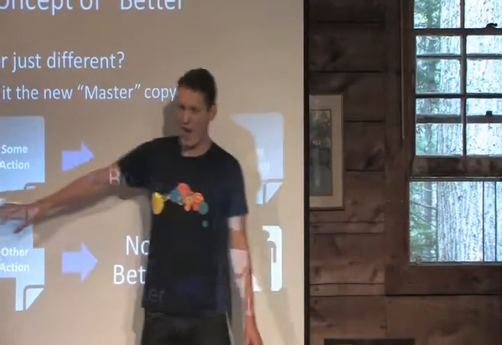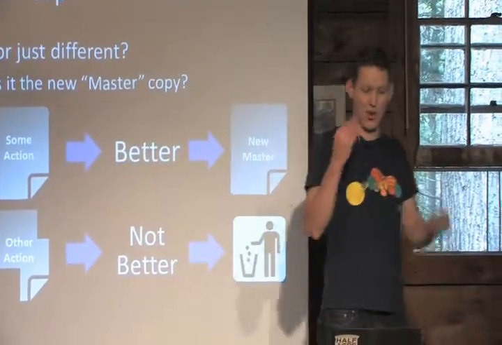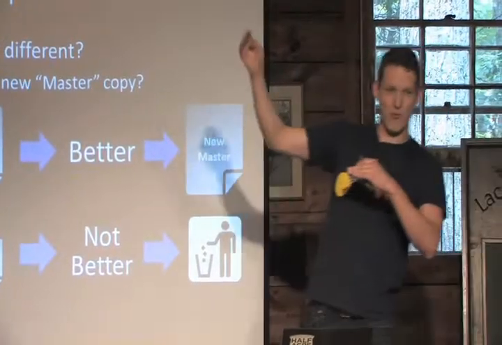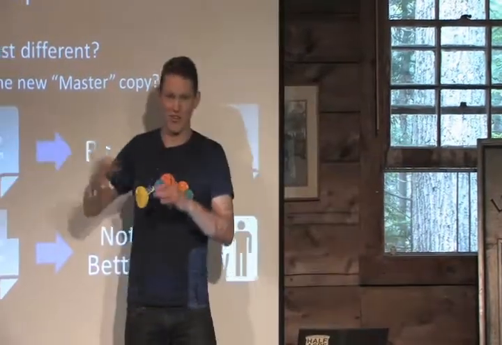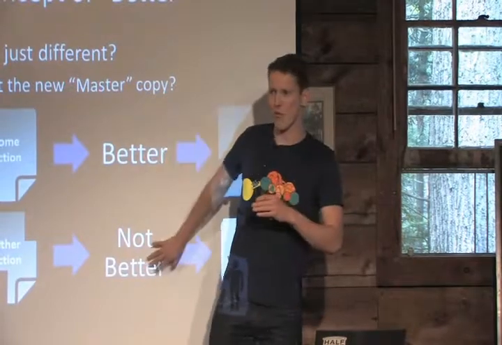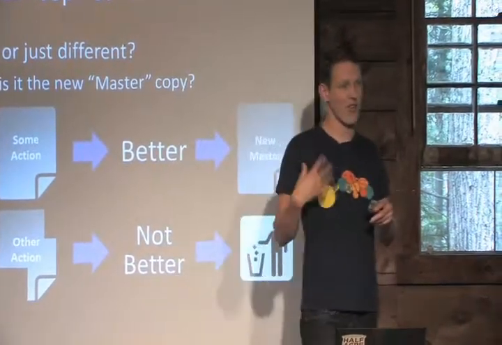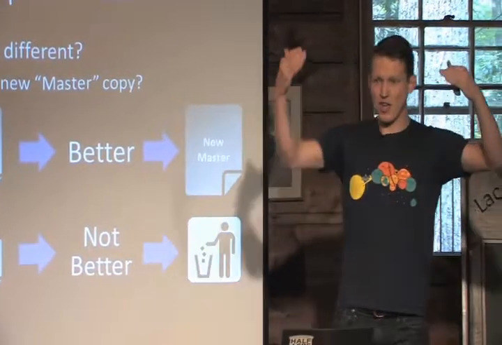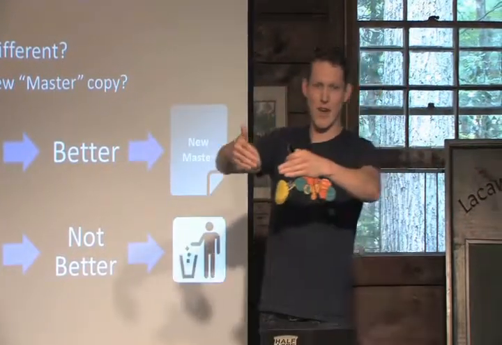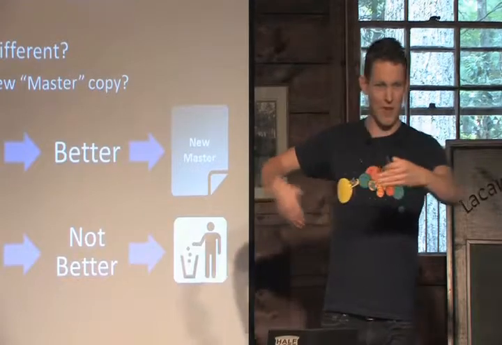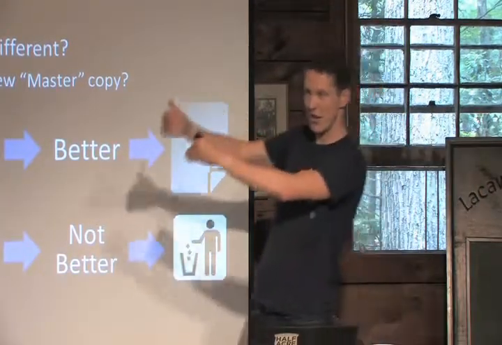But again, you have this master copy that is only increasing in improvement, or this master set of files which is increasing in improvement. And this really comes from a lot of computer science and programming techniques, where you have a body of code which is increasing, it's improving through time. Bugs are coming out of it, new features are being added, but it's always increasing and improving.